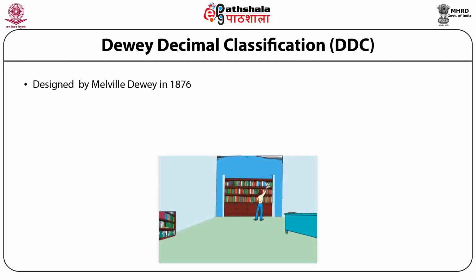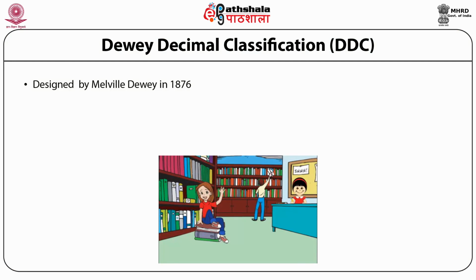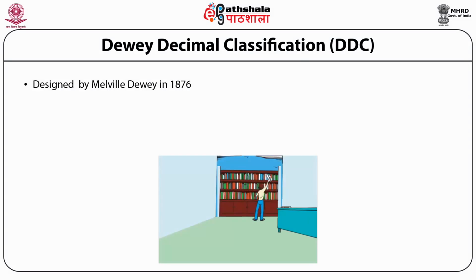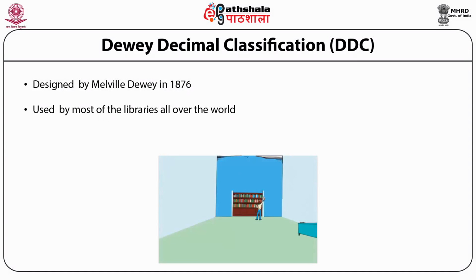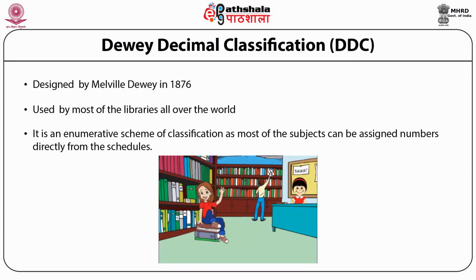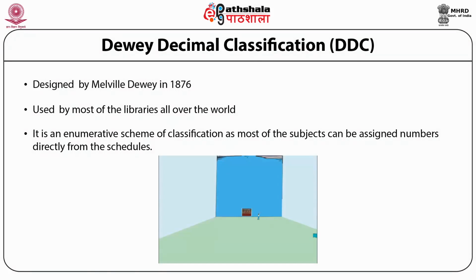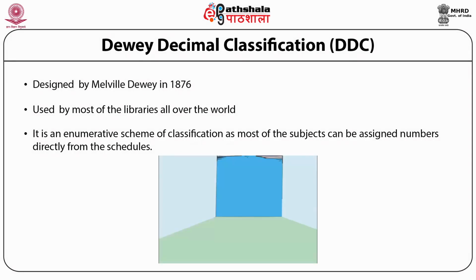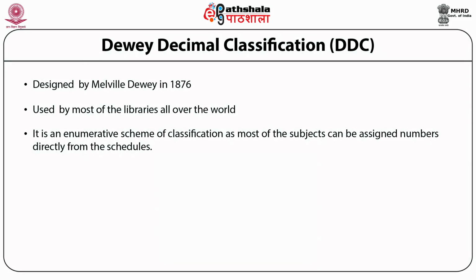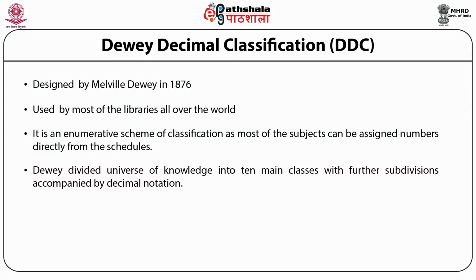This was designed by Melville Dewey in 1876. DDC is used by most of the libraries all over the world. It is an enumerative scheme of classification, as most of the subjects can be assigned numbers directly from the schedules. Dewey divided the universe of knowledge into 10 main classes with further subdivisions accompanied by decimal notation.